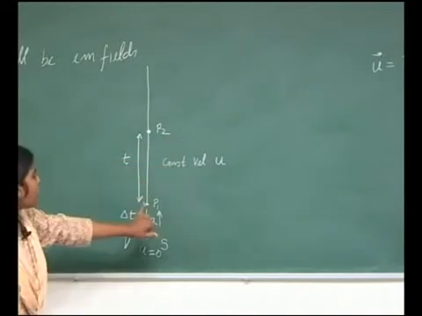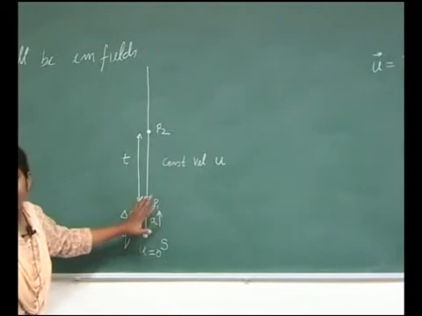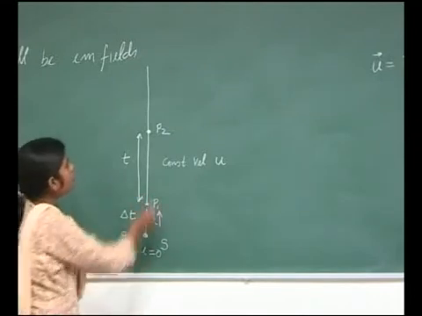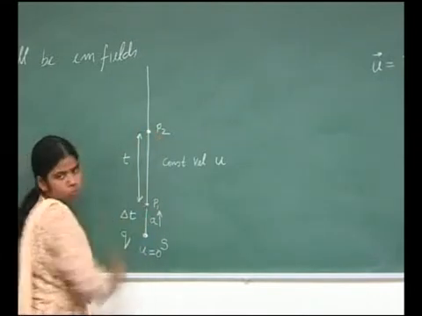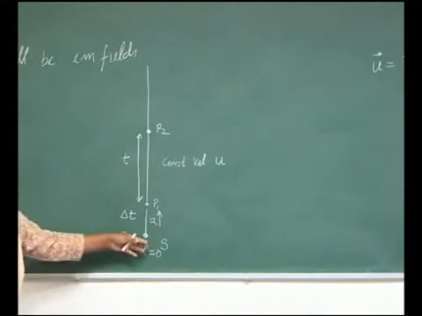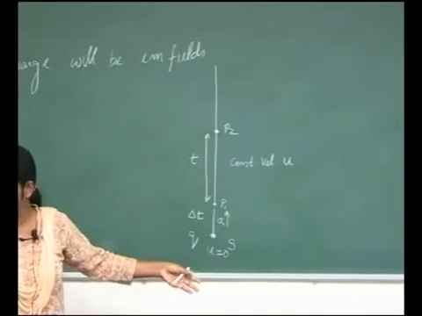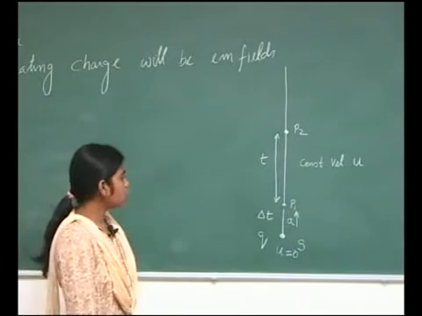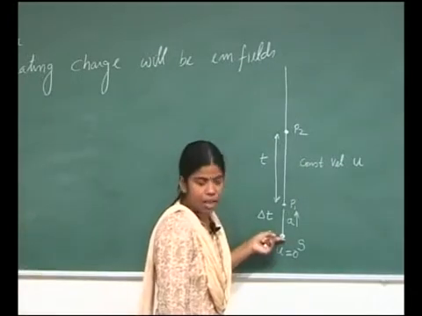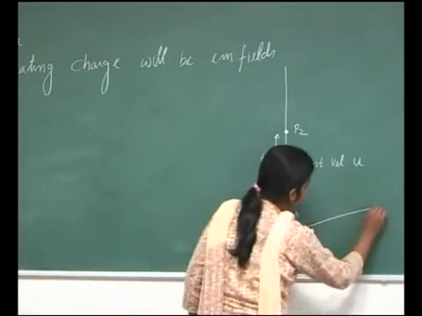After point P1, I forget about the system, and then I look at the system at point P2. Because it is a charge, there are electric fields associated with this. So, the electric field coming out would be radially somewhere like this.